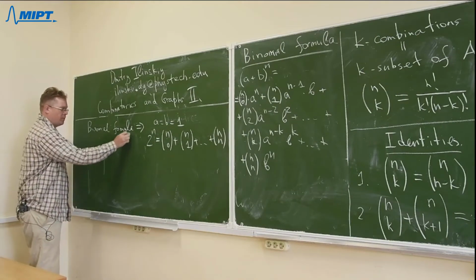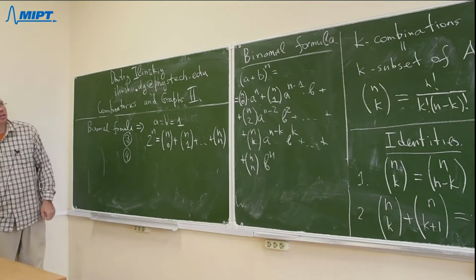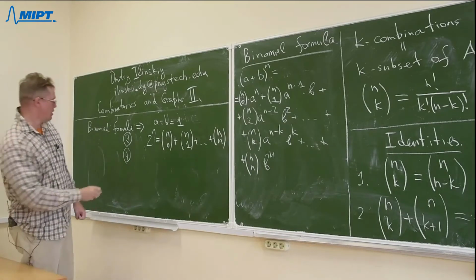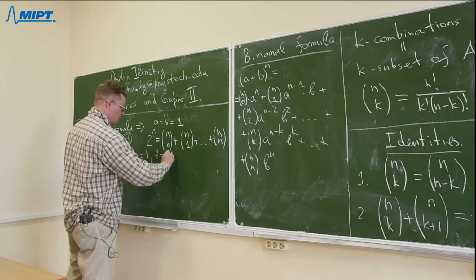So we can get it with a different input. We can take a equal to 1 and b equal to minus 1.